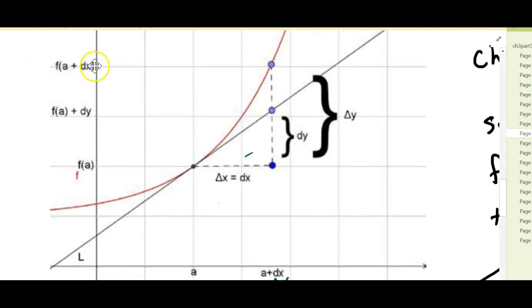As long as dx is small, as long as I'm close to a, dy, which is the rise of the tangent line, is going to be pretty close to delta y, the true difference in y. If we're close, dy is pretty much delta y. If we're far, it's not the same.